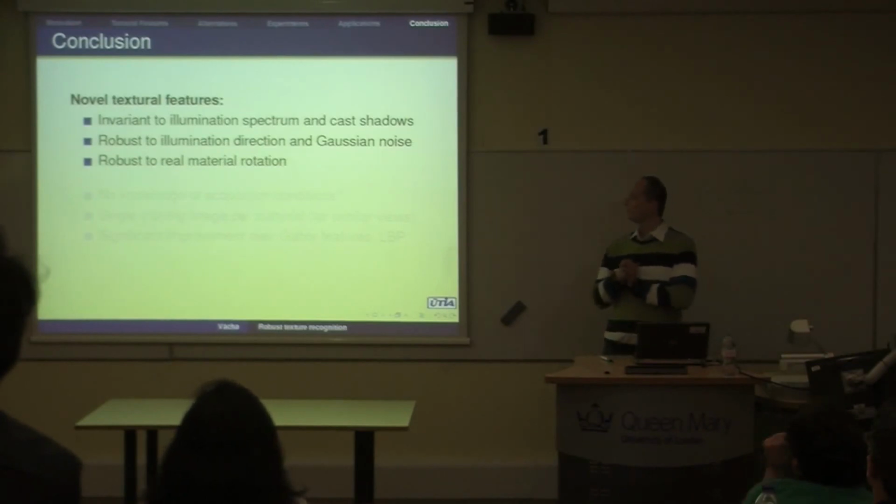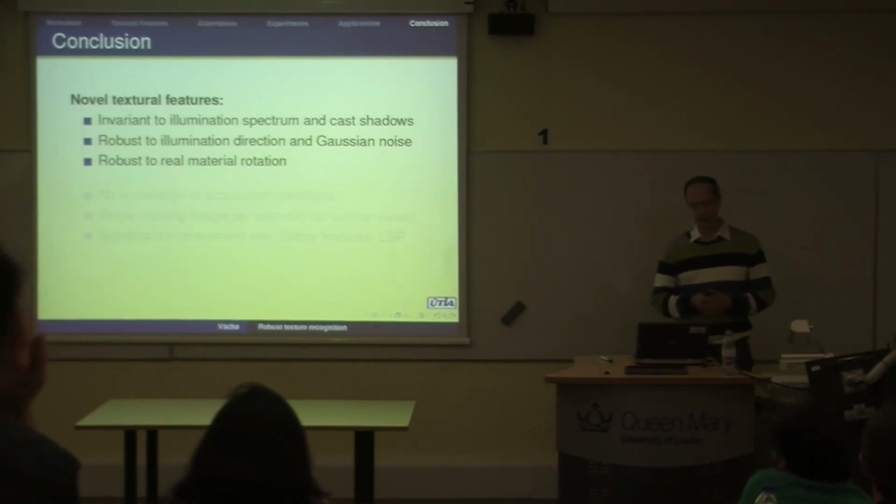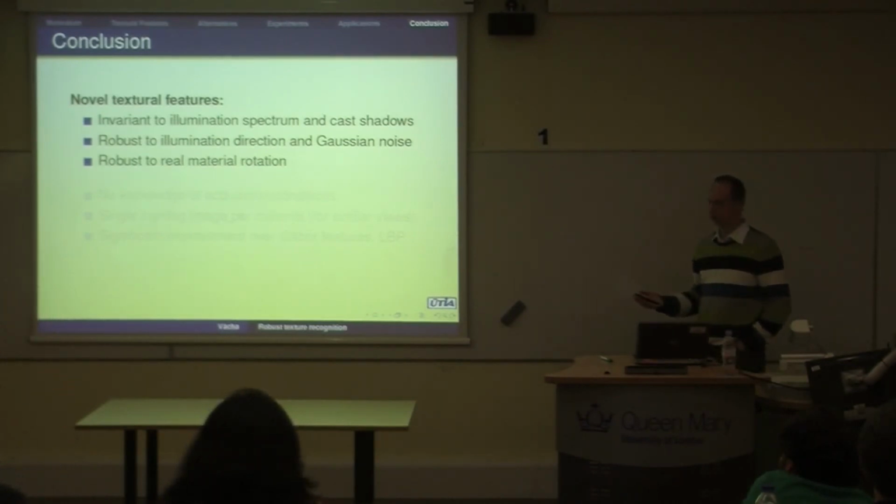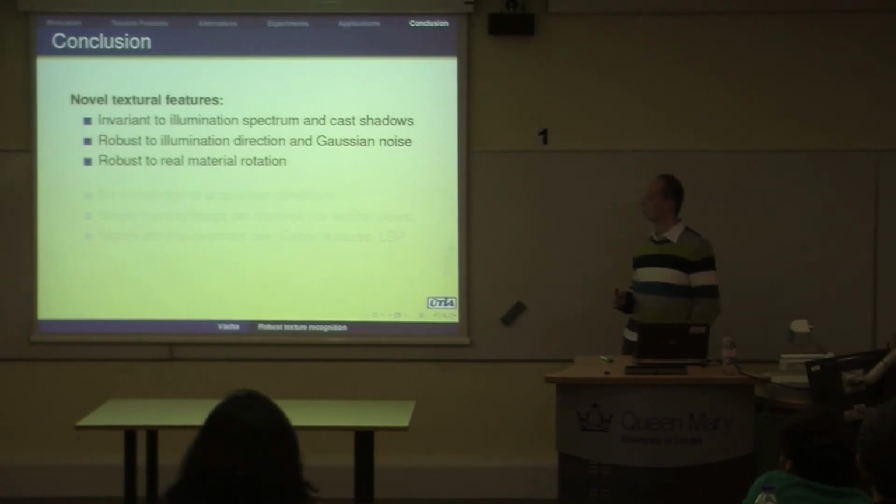Okay, so to conclude this short talk, I have introduced features that are invariant to illumination spectrum and cast shadows, and also quite robust to illumination direction and Gaussian noise.